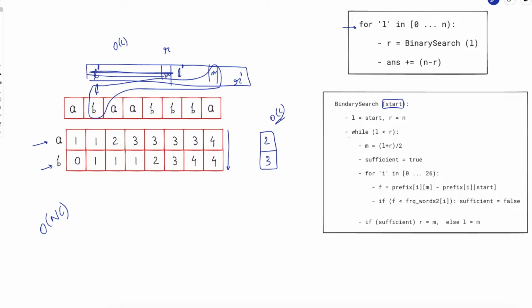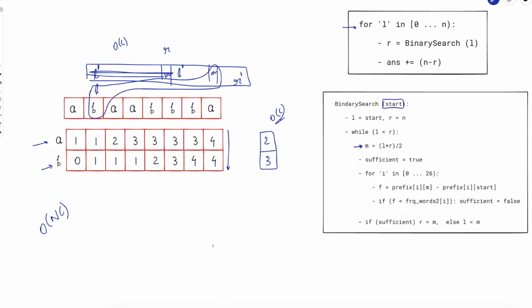We will simply keep on finding the mid and understanding whether start to M, not L dash to M, is valid or not. If it is valid, we will look in the left, otherwise we'll look in the right. There's a plus minus one difference here, which you can figure out yourself.